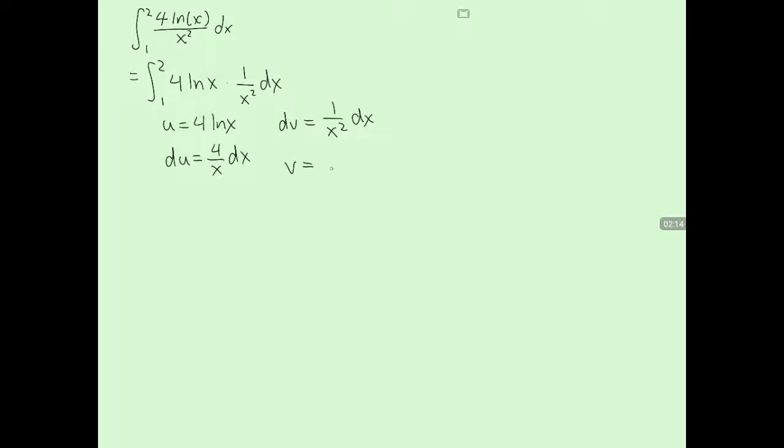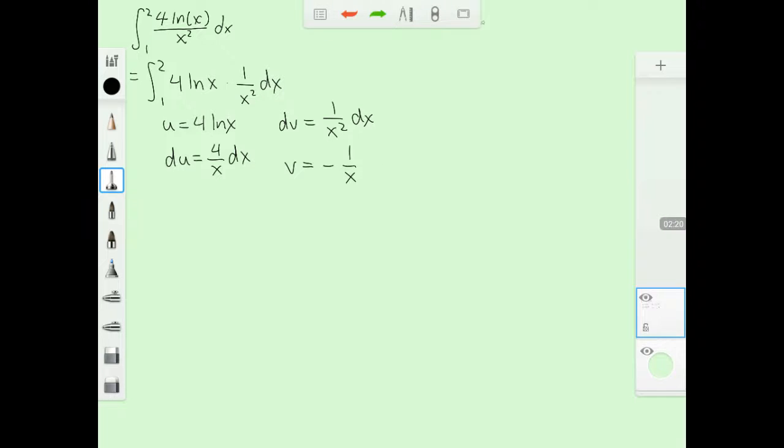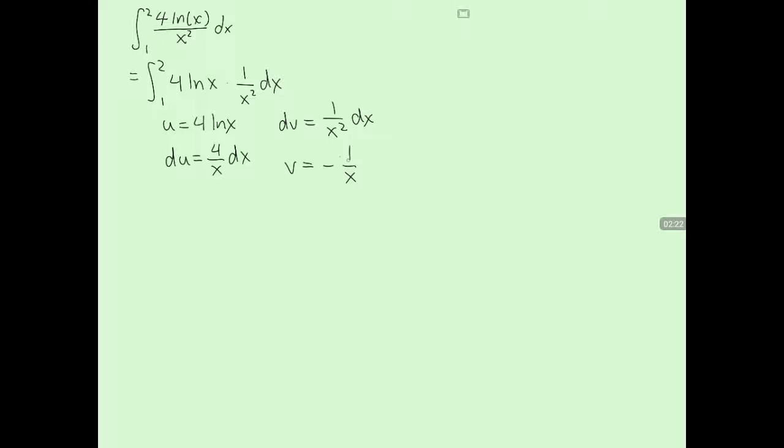That is just going to be negative 1 over x. If we rewrite this as negative x to the negative 1, we can easily see that if we differentiate this, we get positive 1 over x squared.